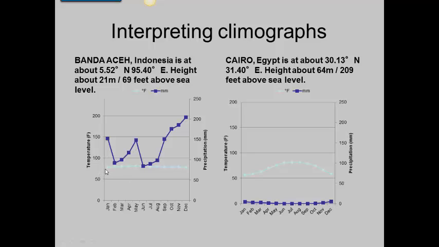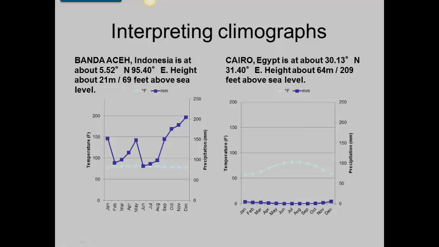We see that in Banda Aceh there's very little change in the temperature throughout the year. Here in Egypt, we see that the average temperature is in the 50s or 60s in the winter, and then it rises in the summer to maybe closer to 70 or 80 degrees Fahrenheit.